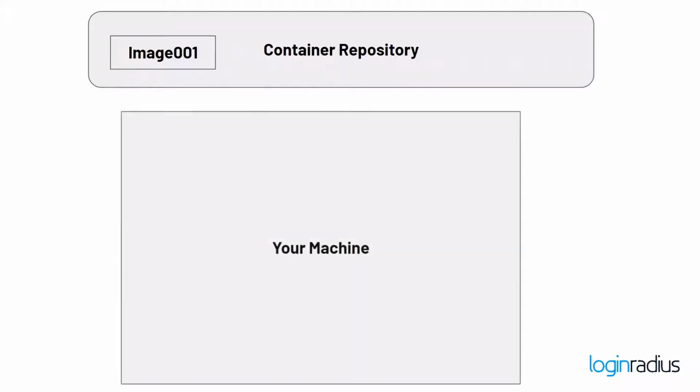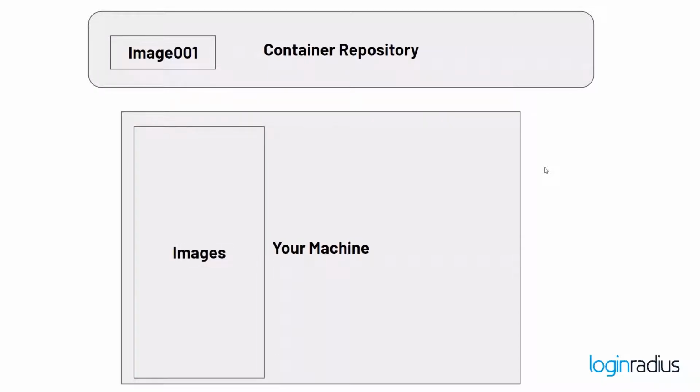Now this is needed when we want to spin up that image, so we need it on our machine. On our machine also we can keep images. So we pull that image down first, and then we issue a few commands on that image using the Docker CLI.